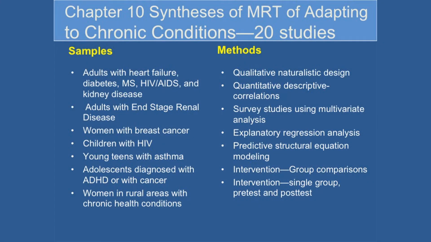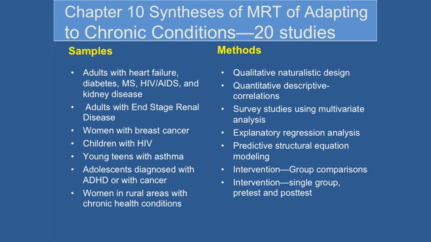The samples include adults with heart failure, diabetes, multiple sclerosis, HIV/AIDS, and kidney disease, adults with end-stage renal disease, women with breast cancer, children with HIV, young teens with asthma, adolescents diagnosed with ADHD or with cancer, women in rural areas with chronic health conditions.